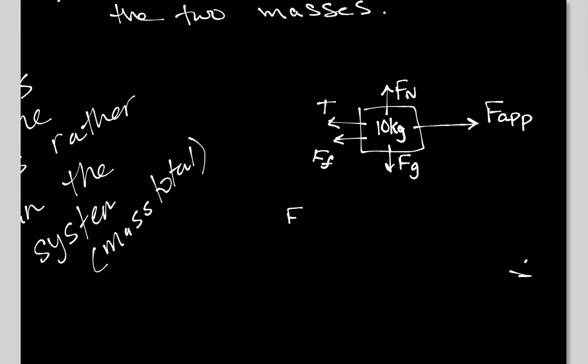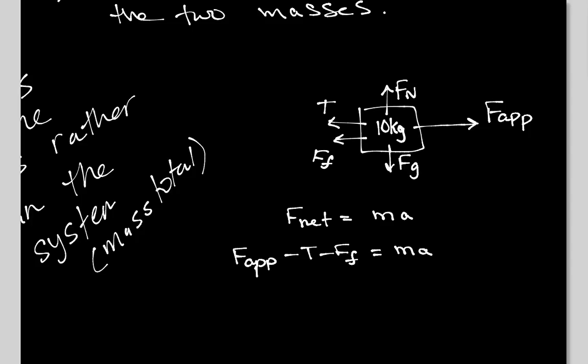Yeah, you'd say F net equals ma, and then it'd be F applied minus T minus force of friction equals ma. Do you agree with that? Because the applied force points to the right, the tension and the force of friction point to the left.